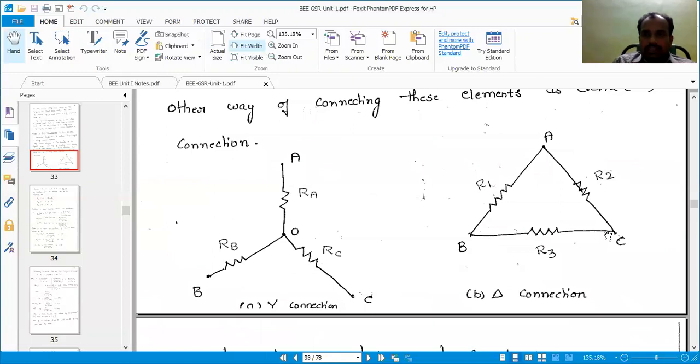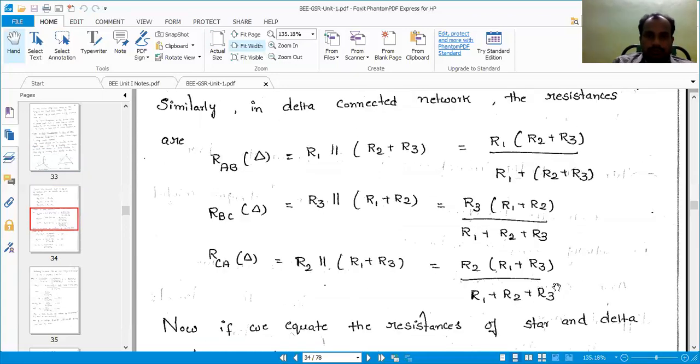Here, between the terminals B and C, the resistance value is R3, so RBC equals R3 parallel to R1 plus R2. And RAC, between A and C, the resistance value is R2, so RAC is equal to R2 parallel to R1 plus R2.